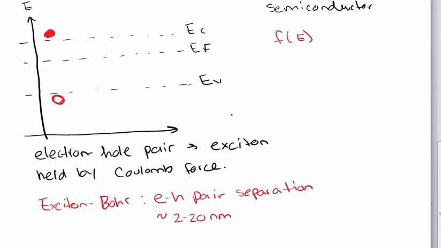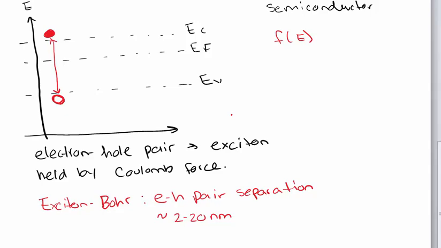So if the size of our solid is on the order of that separation, the physical separation between these two, then we can have confinement.